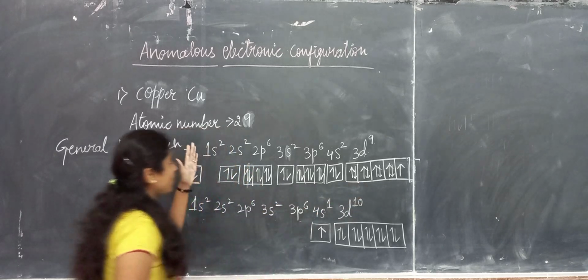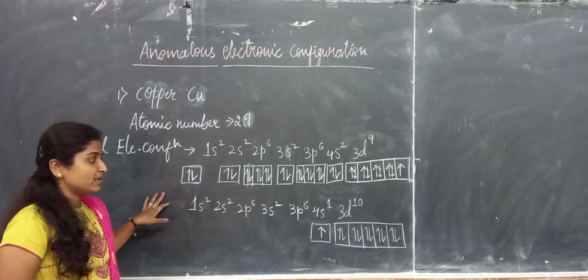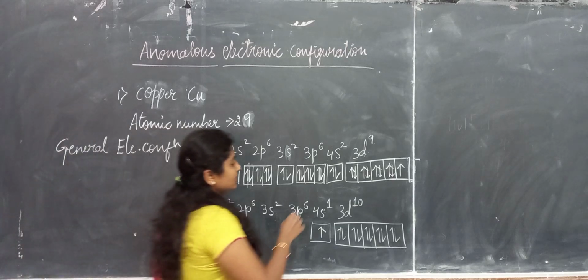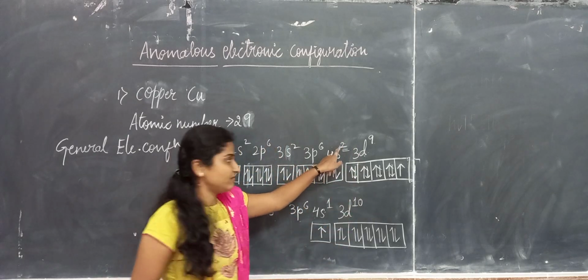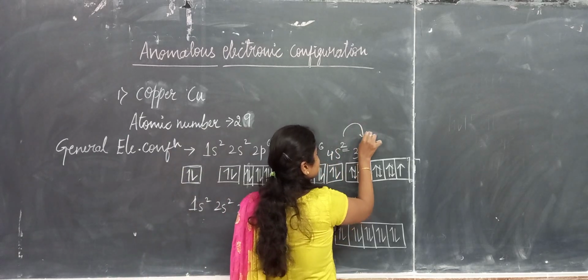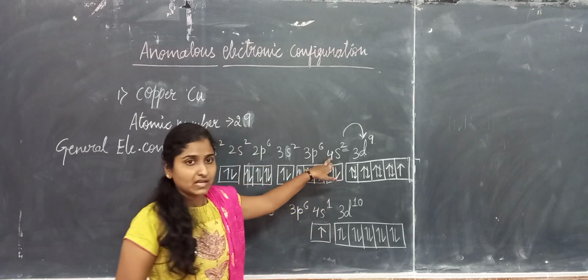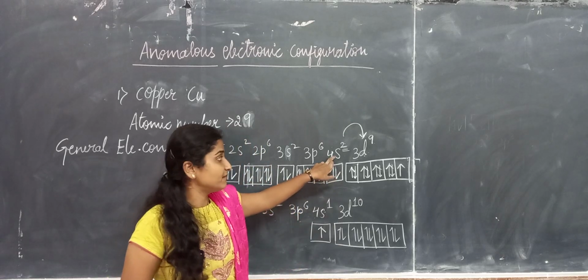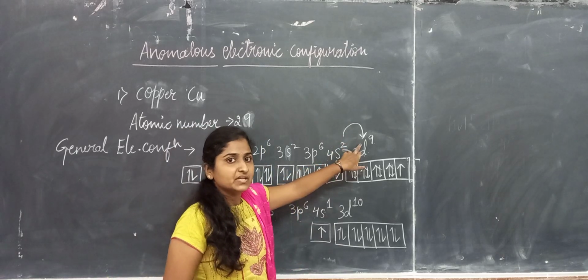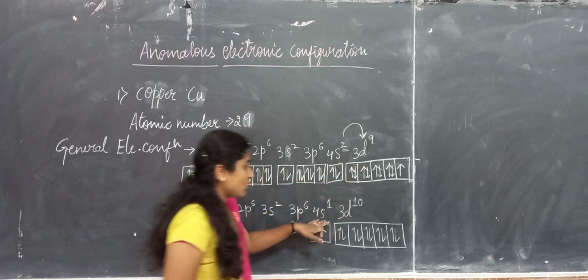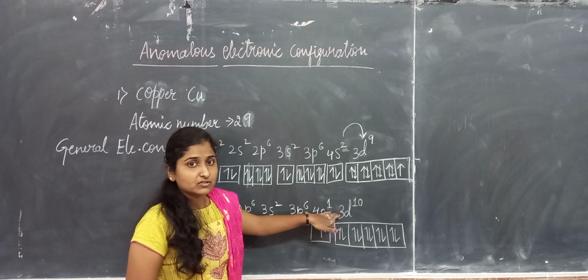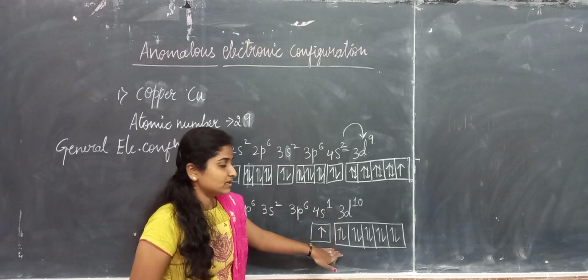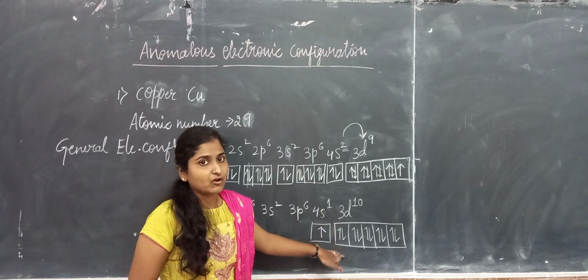This copper will show anomalous property because, if one electron from the two electrons in the 4s atomic orbital shifts to the 3d orbital, the electronic configuration would be 3d10, so that it becomes a completely filled orbital.